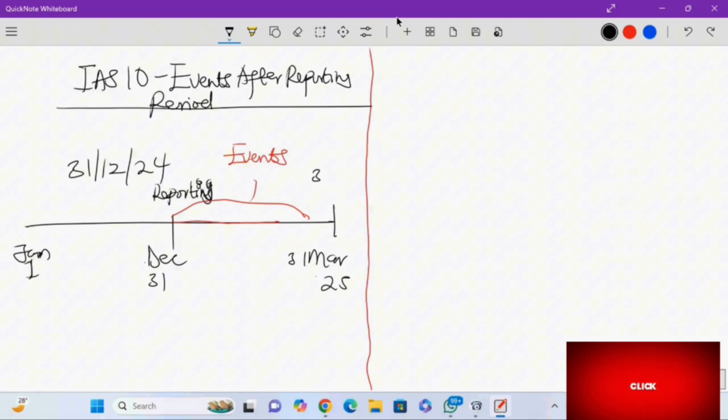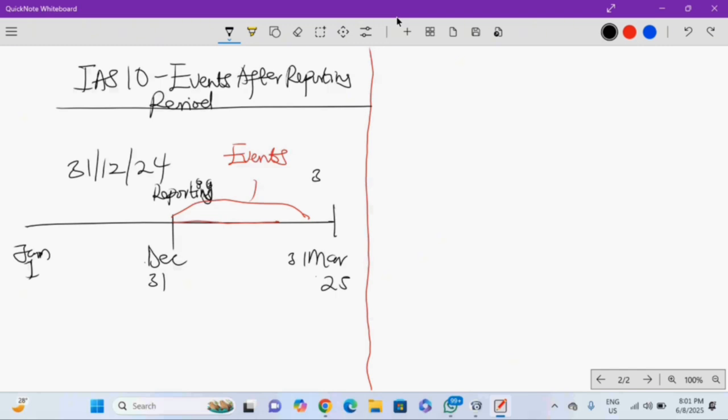All the events that occur between the reporting date and the date on which the financial statements are issued to the general public. Before they are issued, they would have an annual general meeting, where the directors come together to review the financial statements, and then they sign.